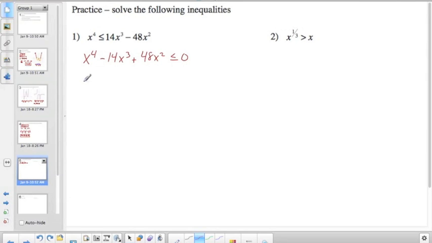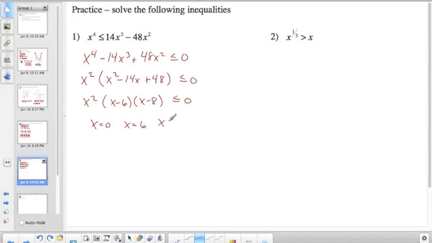And then if we factor, we end up with x squared times x squared minus 14x plus 48, and x minus 6, x minus 8. So our zeros are x equals 0, x equals 6, x equals 8. Make our sign chart.